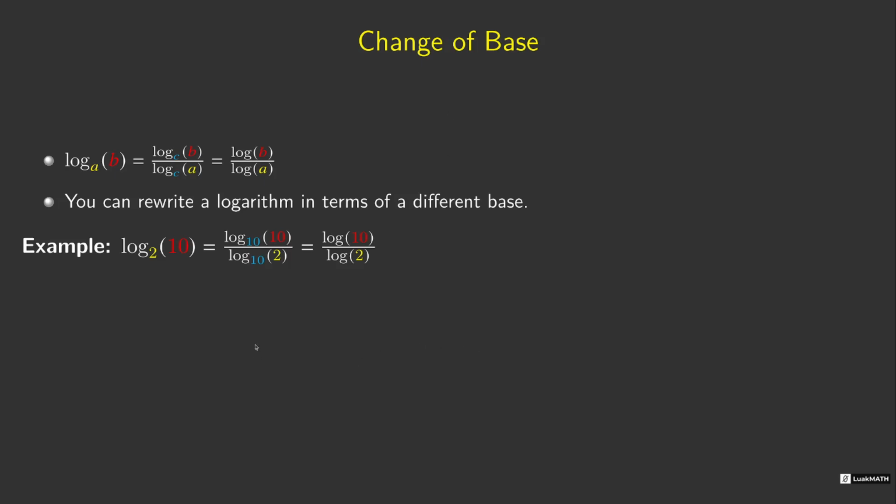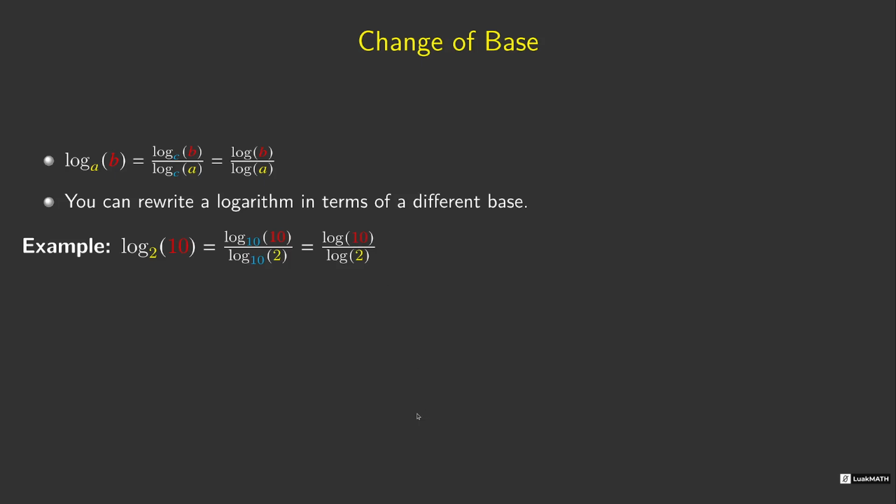Okay, we have an example here. What is the log of 10 to base 2? Using the change of base here, you can write it as log of 10 to base 10 divided by log of 2 to base 10. Now this one you can feed into your calculator.